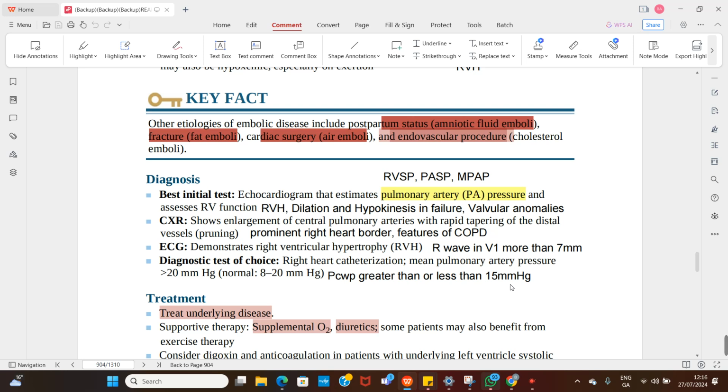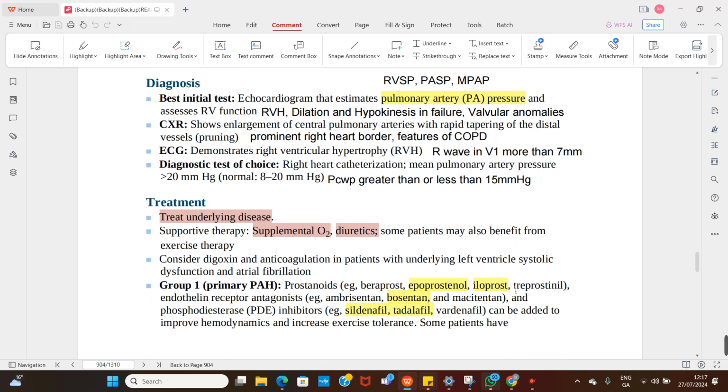So if the left atrial pressure is high, your wedge pressure is going to be high, and you can say it's possible that this pulmonary hypertension is coming from the left side. But if it's less than that, you can be thinking of any other thing, maybe the lungs, maybe recurrent thromboembolism or idiopathic. So that's that about your pulmonary capillary wedge pressure.